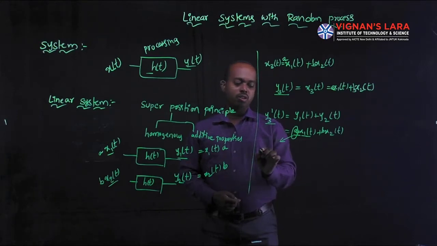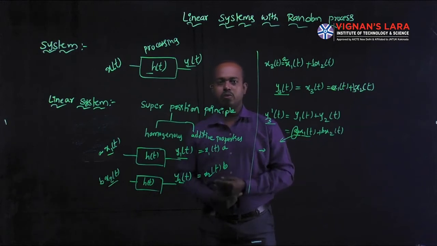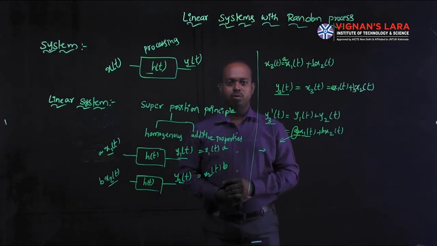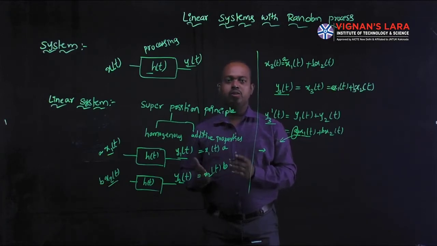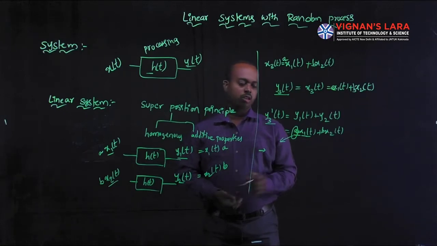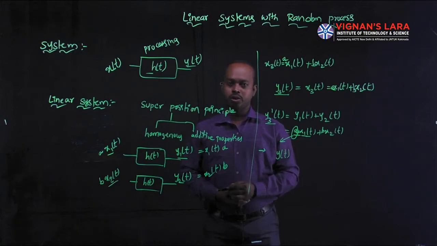For non-linear systems, we define that a system not satisfying the superposition principle is said to be a non-linear system. Otherwise, we can simply say that a linear system, or any system, is a summation of weighted input signals. Suppose I consider y of t as the output signal.